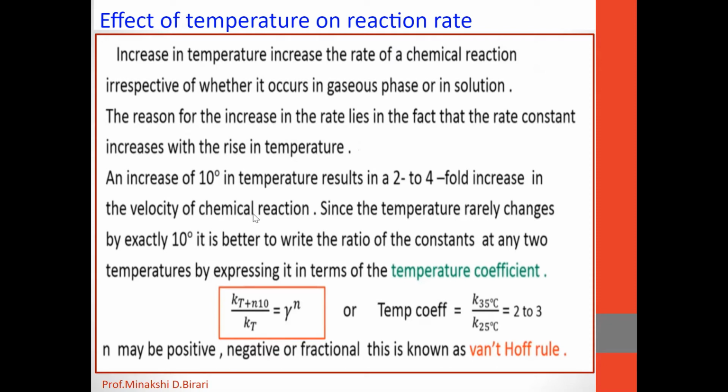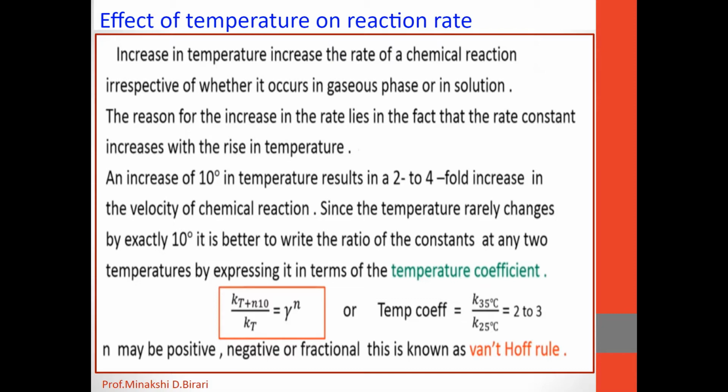That means it increases the speed of chemical reaction 2 to 4 fold. Since the temperature rarely changes by exactly 10 degrees Celsius, it is better to write the ratio of the rate constants at any two temperatures by expressing it in terms of temperature coefficient.